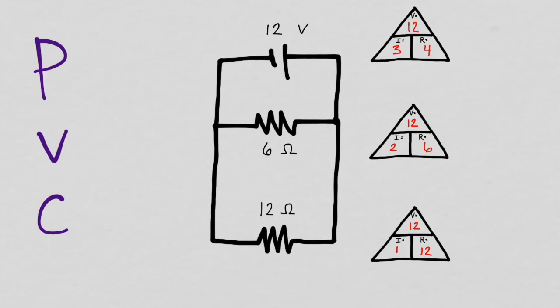So for this one, we would have to say R total equals 1 over 1/6 plus 1/12. I can find a common denominator within the larger denominator, and this turns into 1 over 2/12 plus 1/12.